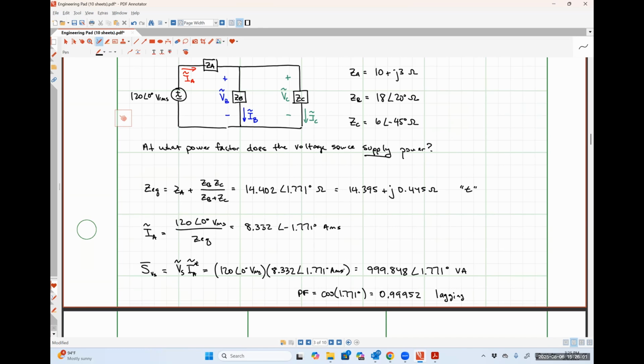Yeah, so if the angle's positive, it's a lagging power factor. If the angle's negative, it's a leading power factor. It is literally that simple. So this particular system, just by random chance, because I've made those numbers up, is operating extremely closely to a unity power factor, okay?